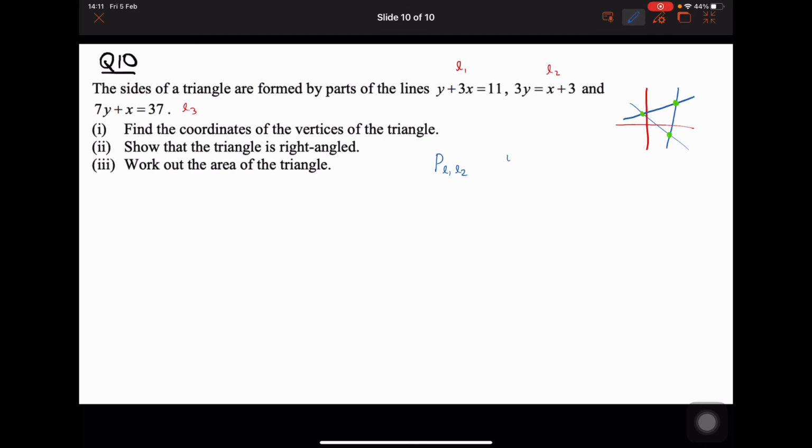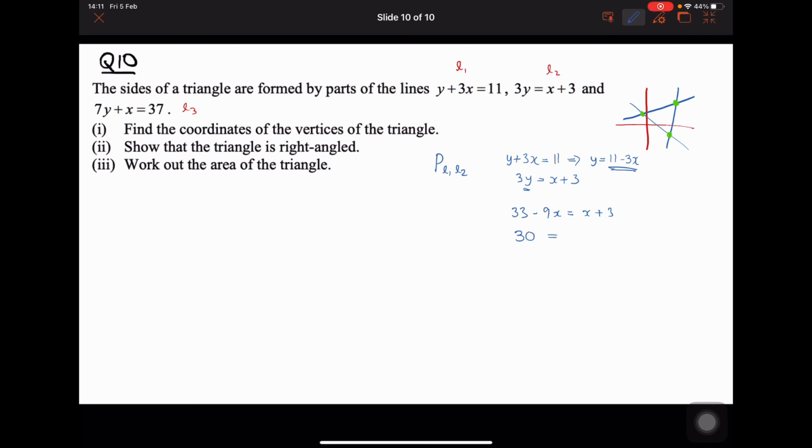So essentially we're solving simultaneous equations now. Okay, I'll rearrange this and write y equals 11 take away 3x. Here we have this, I'm going to substitute this into here. So we get 33 take away 9x, plus x plus 3. Take away 3 from both sides.